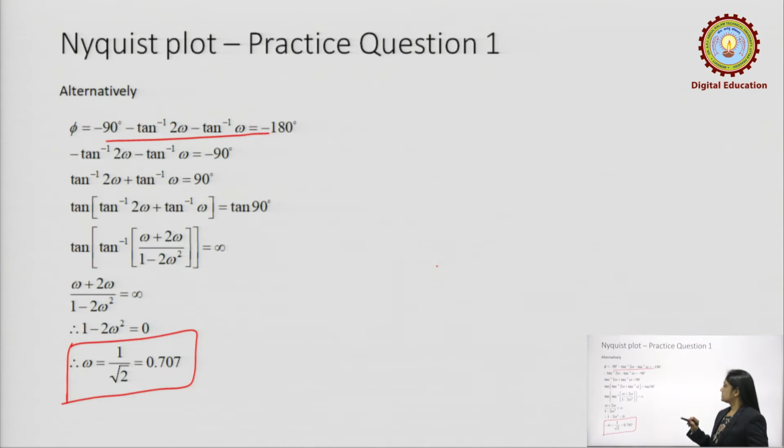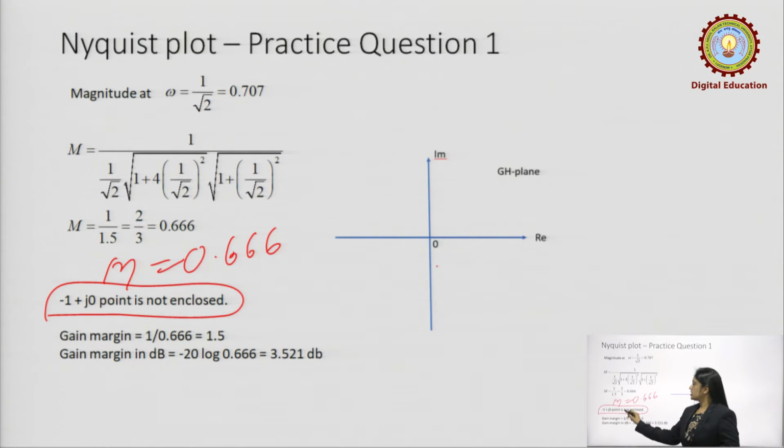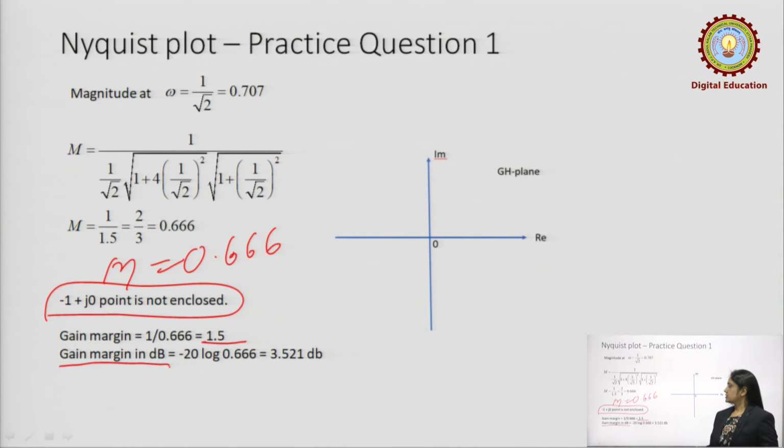So, that means the minus 1 plus j 0 point is not enclosed. And what is the gain margin? 1.5, and gain margin in decibels is minus 20 log A, where A for us is 0.666, and it comes out to be 3.521 dB.